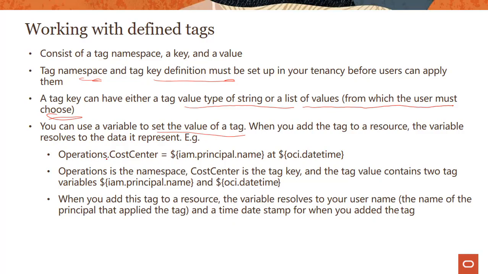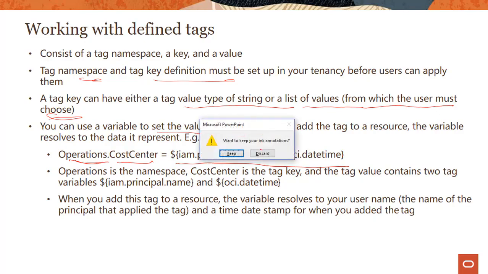For example, if you have a namespace called operations and you have a key called cost center, for the value you could specify something like this: IAM.principal.name at OCI.datetime, where when you add this tag to a resource, the variable resolves to your username, that's the IAM principal name, and the date stamp for when you added the tag. This gives you the flexibility to use tags in a variety of ways.